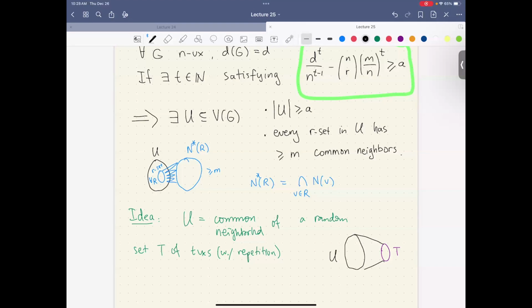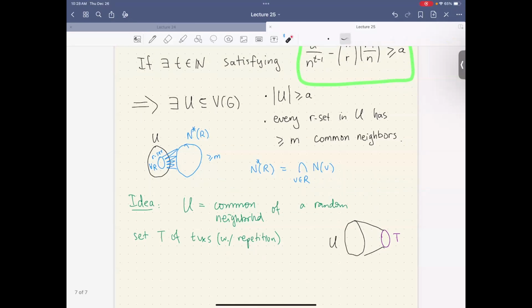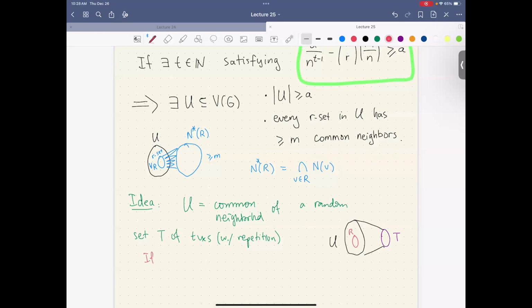Why is this good? Intuitively, let me explain that. Let's consider a small R set inside U. If R is bad, that means its common neighborhood is small. What's the property of R?